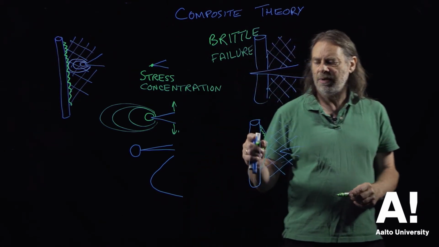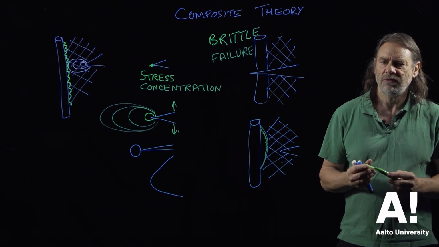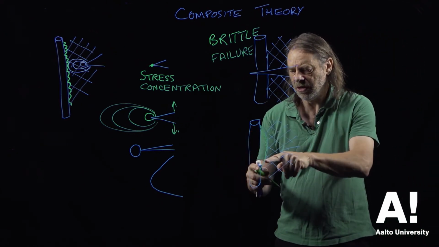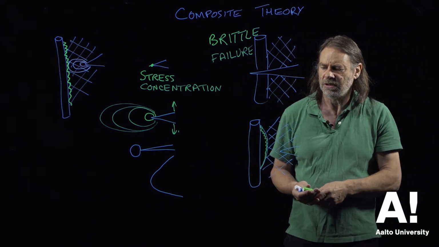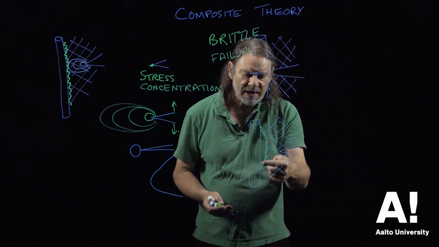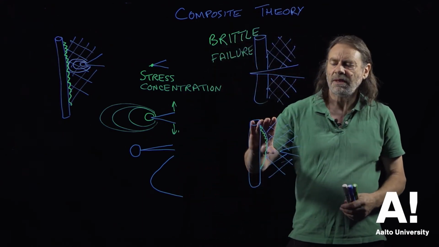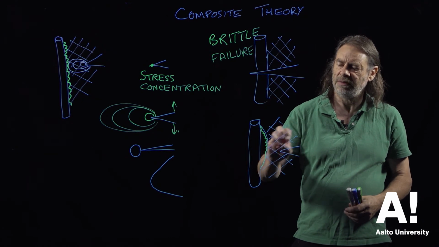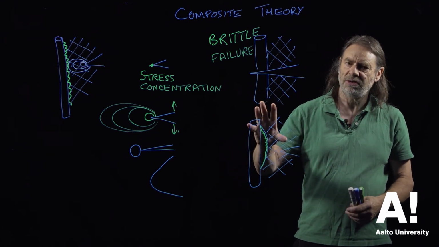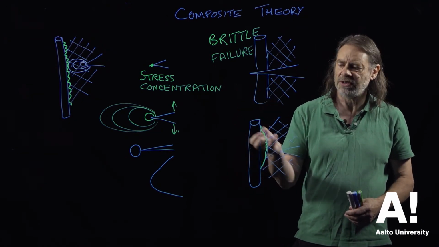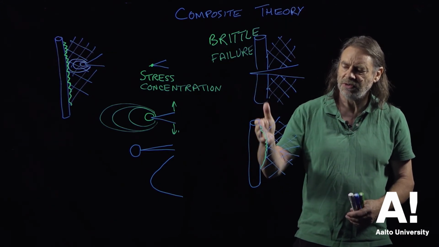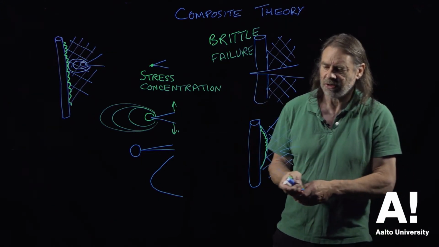We've got a weak coupling between the matrix and the reinforcement, so we open up this new region. That takes energy. We might actually stop the crack completely, because the energy going into breaking this material is all absorbed in creating new surface here, and the crack will stop moving.